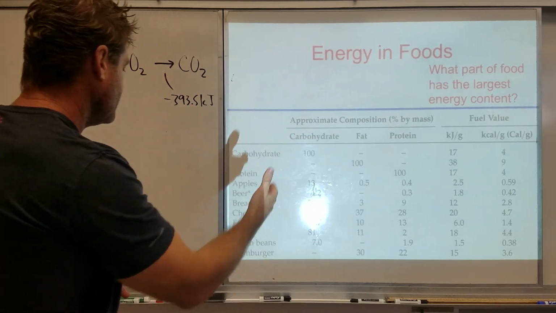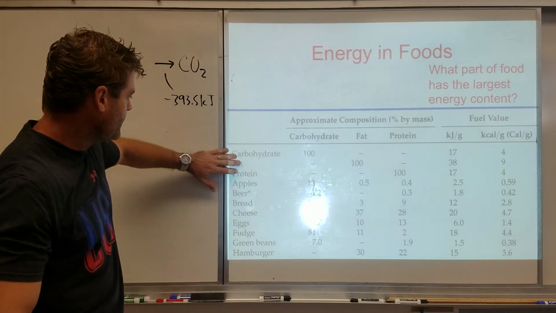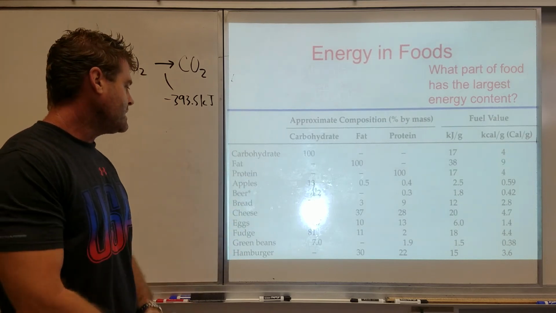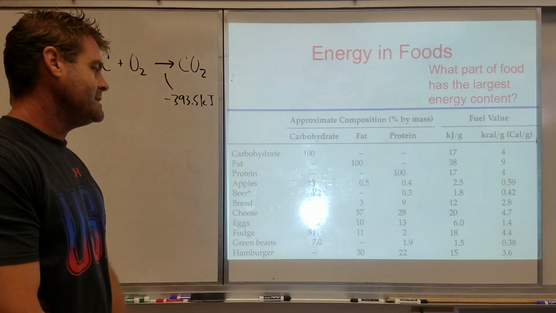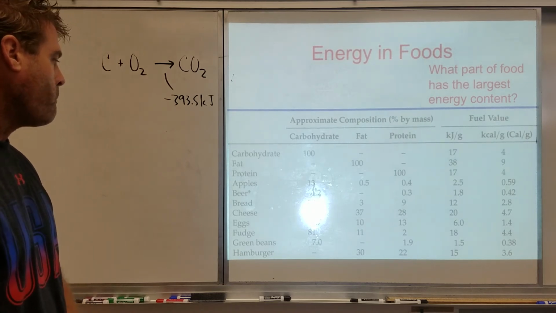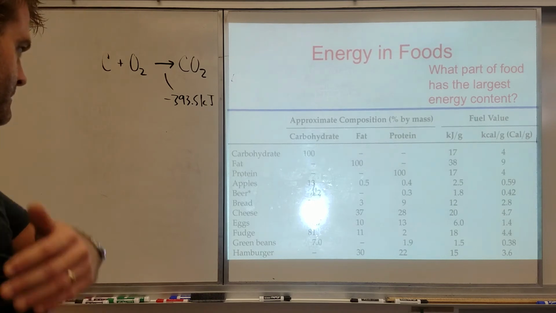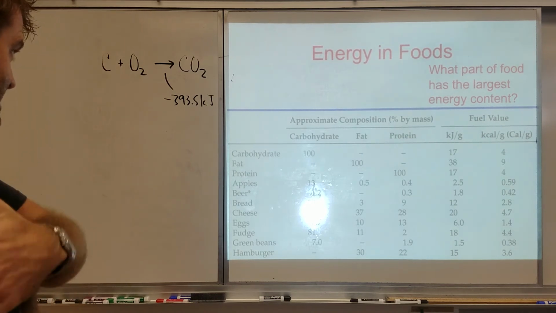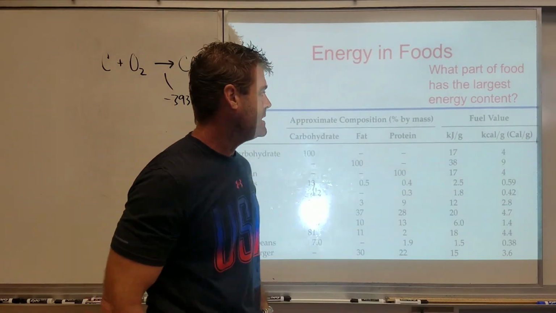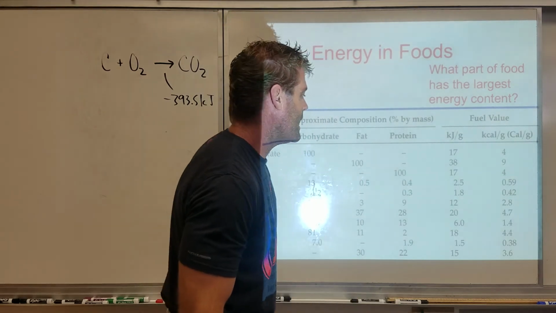I want you guys to look at several different items here. Don't worry about carbohydrate, fat, protein so far, but look here. Which food item has the most calories? If you're going to do a comparison, it's going to be kilojoules per gram or kcals per gram, however one.